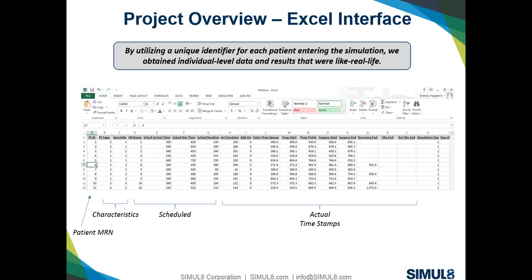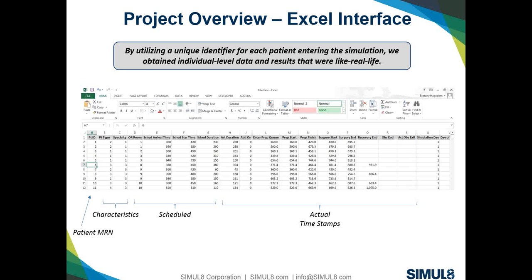What we're able to do with Simulate is essentially recreate that report that you get out of your EHR out of the simulation. And so with this information, we're able to then do any analysis that we want, like we would on real historical information.